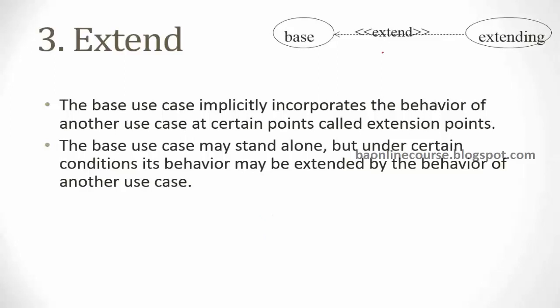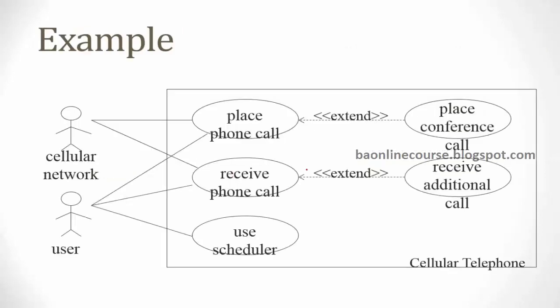So that additional behavior, which is relevant only in a particular scenario, we will capture using the extend relationship. Okay, so we'll clearly specify the reason. Under this condition, these additional steps would be defined as a separate use case.